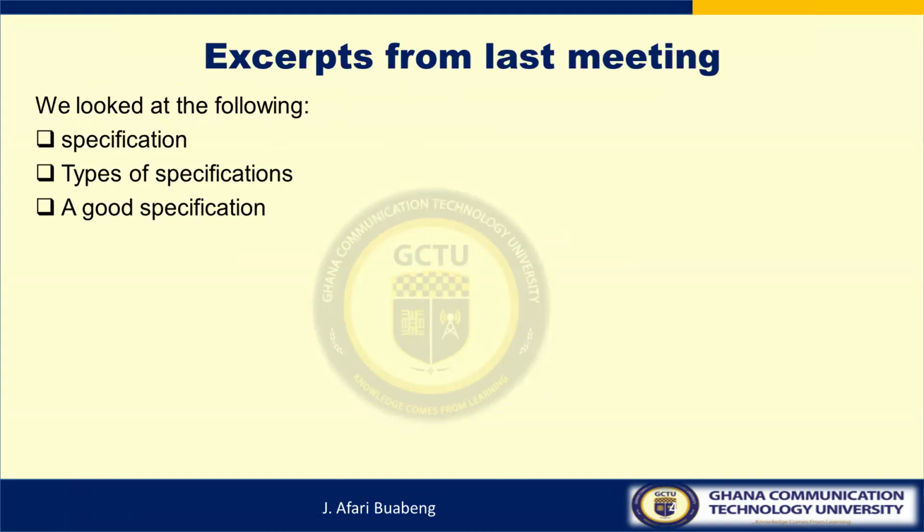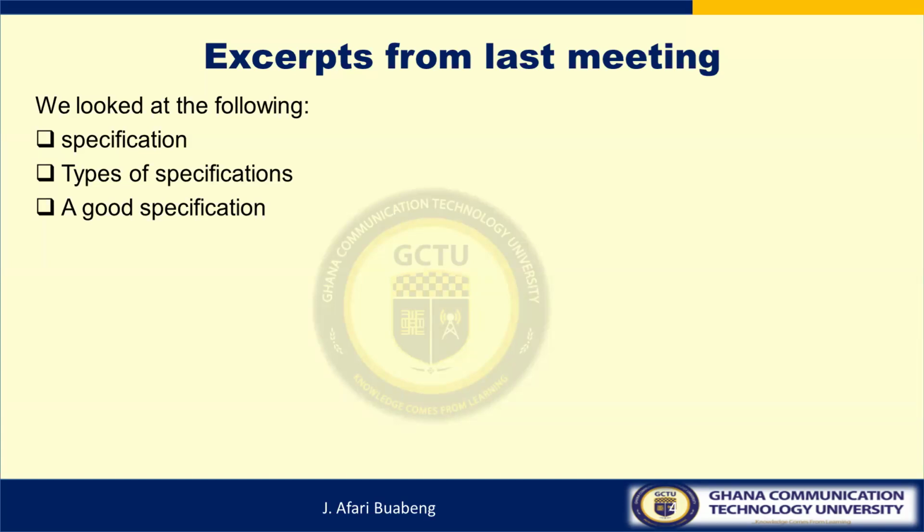and we saw how important specifications are in procurement. So we defined specification, and I said that basically a good specification serves 2 major purposes. Can you tell me one of the purposes for a good specification?